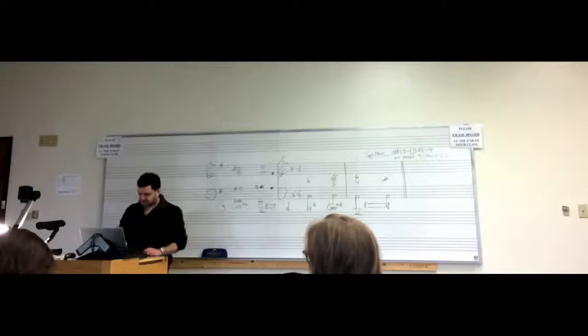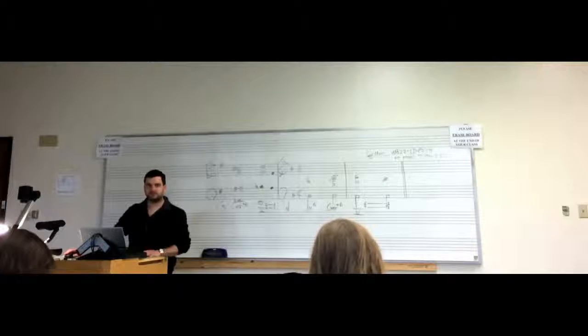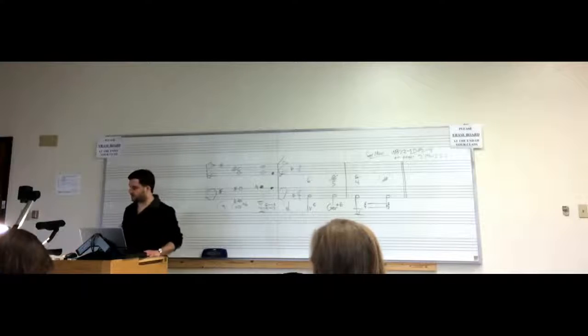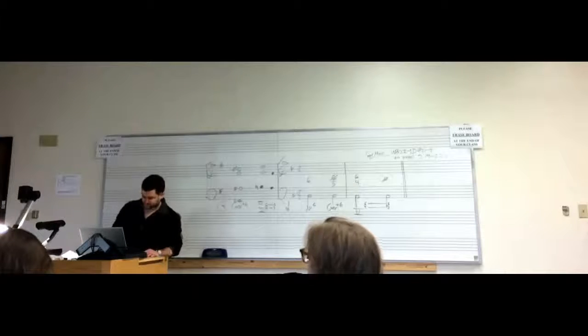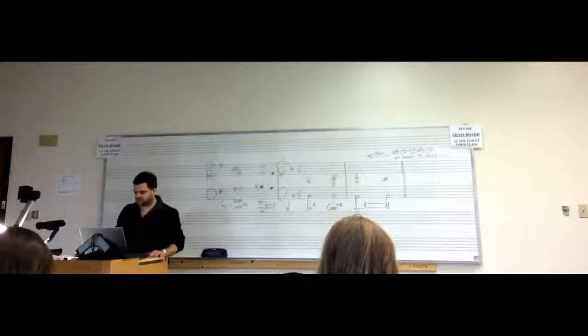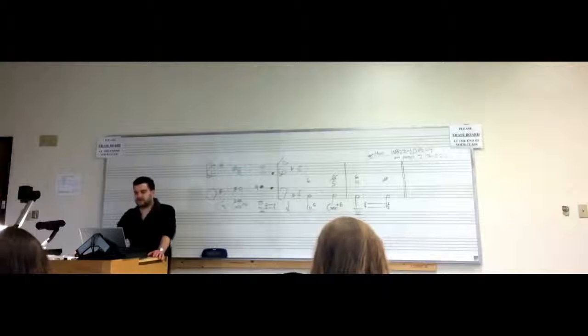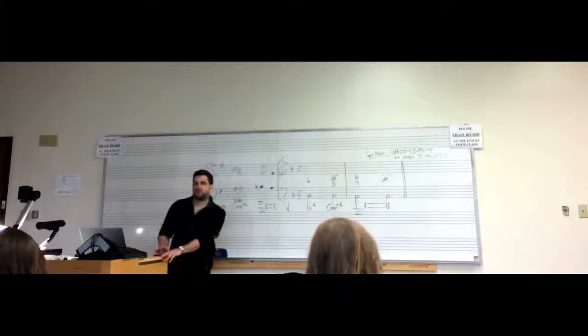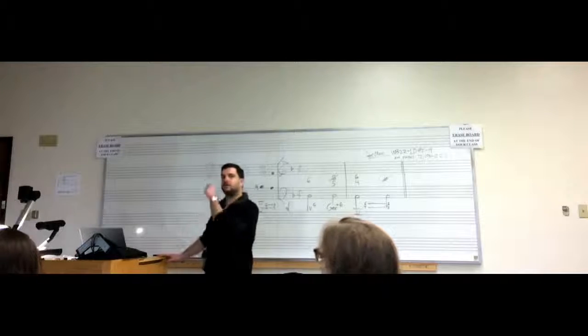This excerpt is going to be pretty familiar to you. You probably heard it once or twice before. But one thing that you may not have noticed is the placement of an augmented sixth chord here.